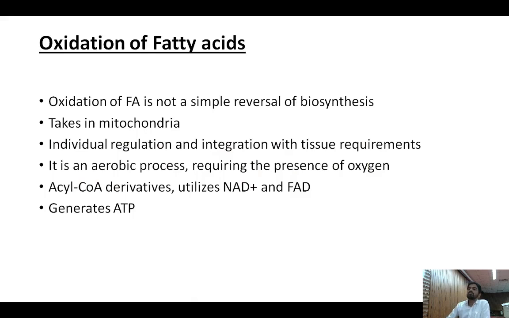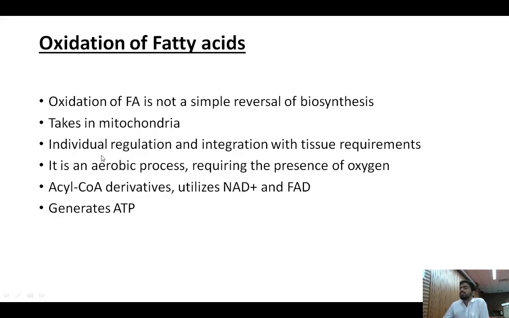Okay, so first the overview of fatty acid oxidation. It is the opposite, but it is not a simple reversal of biosynthesis. So don't think that if you do the reactions involved in biosynthesis in the opposite direction, fatty acid oxidation can happen. That does not happen in the body. Fatty acid biosynthesis happens in the cytosol, as we discussed, but oxidation of fatty acid takes place in the mitochondria. So it is very important that it is compartmentalized.